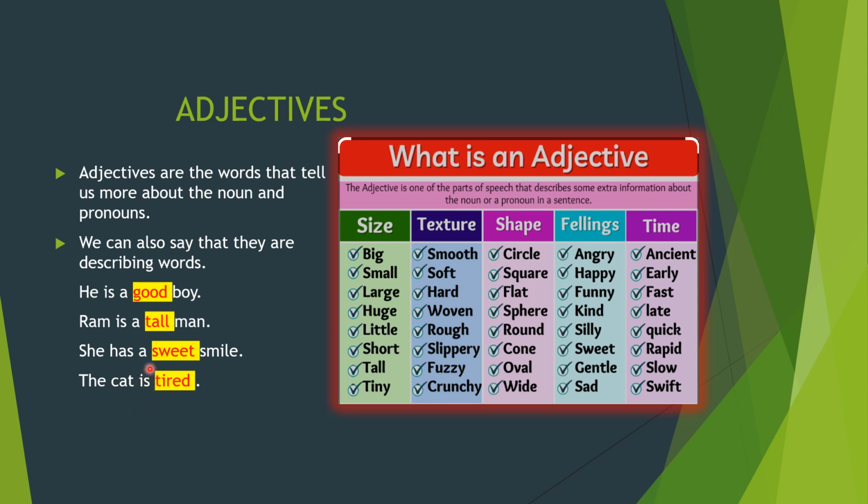So whenever we are getting any ed verb after a to be verb, it can be treated as an adjective. So if I ask a question like how the cat is, the cat is tired. So basically tiredness is describing the cat, which is a noun. So this is your adjective. I hope you got it.